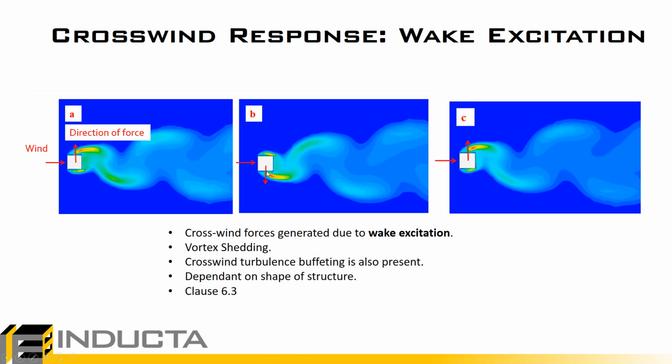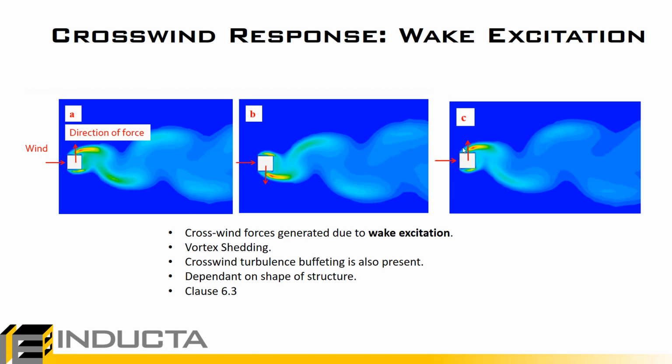As it sheds off, it applies load, and then the process repeats on the other side. So we have this dynamic oscillating force going plus minus in the y direction. So essentially the crosswind section of the code is converting this dynamic action into an equivalent static force.